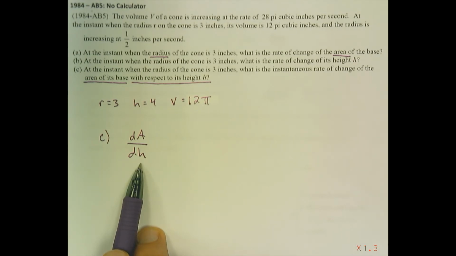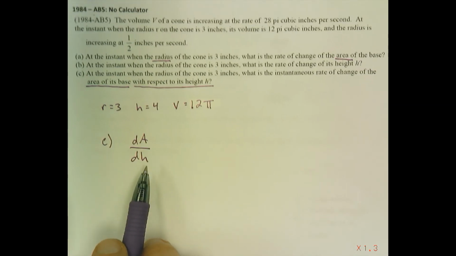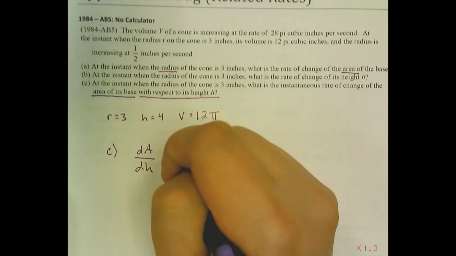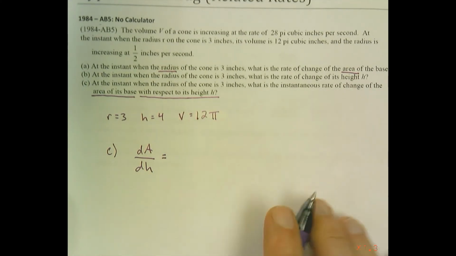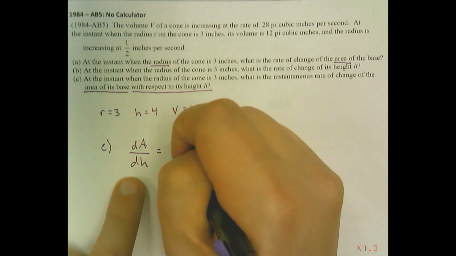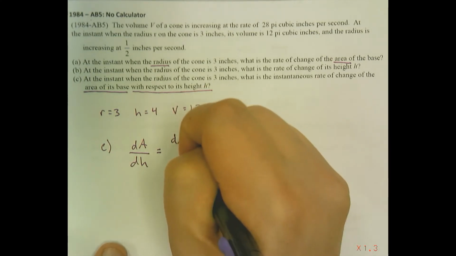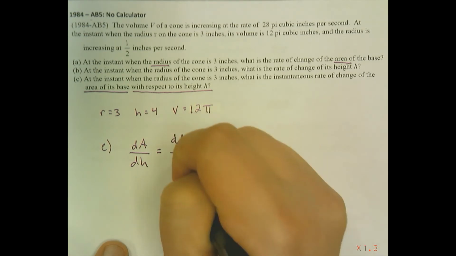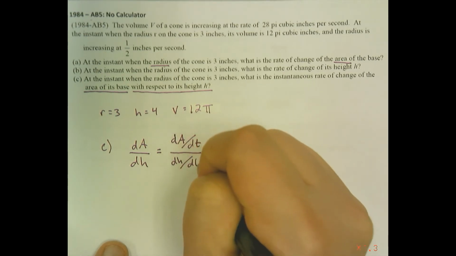Now, there is multiple approaches to this, and this is not a super intuitive question, and I think it is probably why you find a question like this back in 1984. I think the tests were harder back in the day. But check this out. dA dH is the same thing as dA dt divided by dH dt, right?